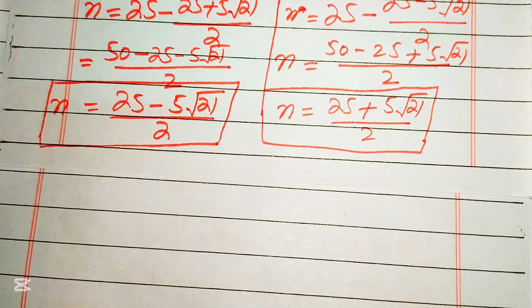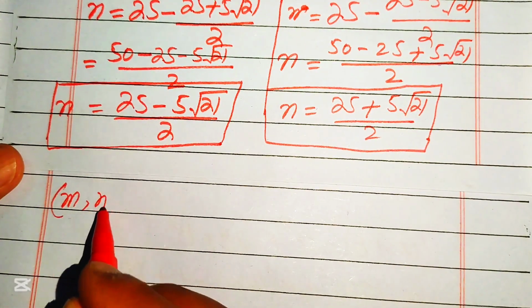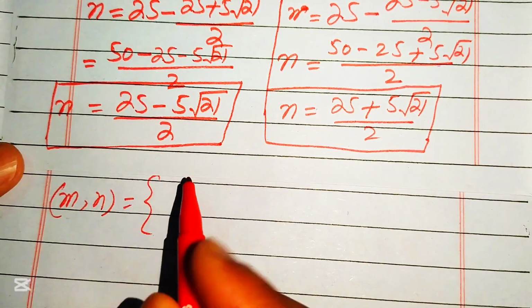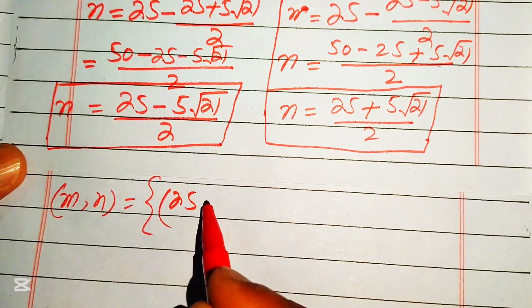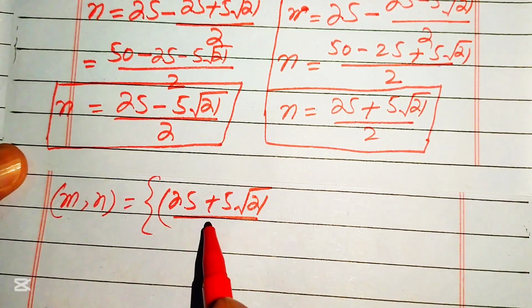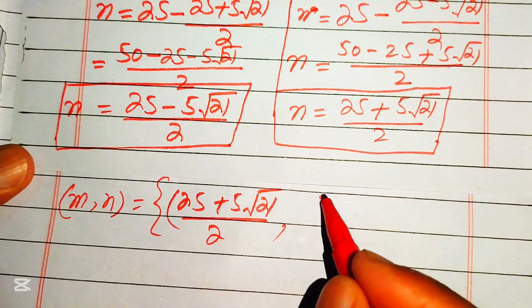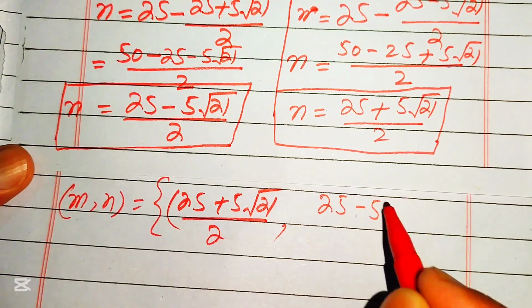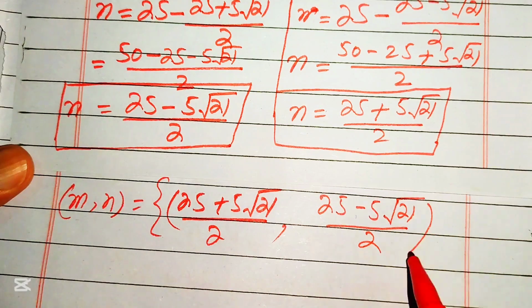So finally we have the two solution sets of the given equation, we will write it here. mn is equals to, first we have the value of m in the first case is 25 plus 5 times of square root of 21 and it is divided by 2, and the value of n is 25 minus 5 times of square root of 21 and it is divided by 2.